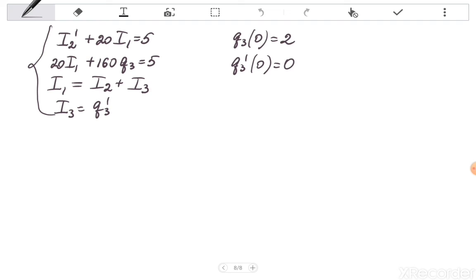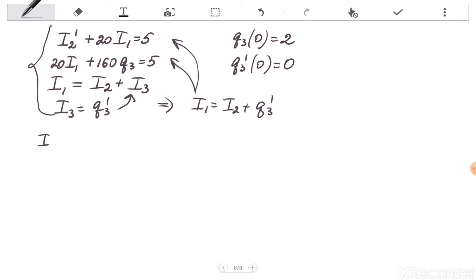Okay, let's try to solve this problem. Here I wrote the equations and the initial values. Let's think what we can do to get rid of some unknowns. First, we can replace I3 with Q3 prime, so I1 is I2 plus Q3 prime. Next we can replace I1 in these two equations.